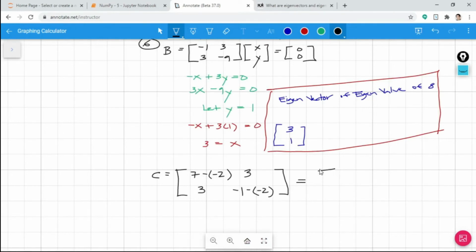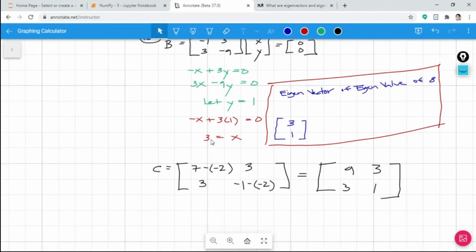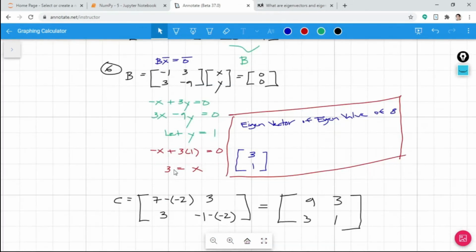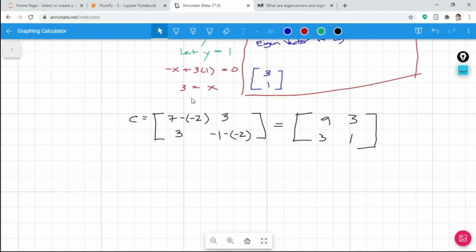Okay, so we got now 9. So this one is 3. So this one is 3. Then negative 1 plus 2 is 1. Okay, so we will use this one again for the eigenvalue of negative 2. Okay, so we're solving for negative 2 right here because we have two eigenvalues, so we got 8 and negative 2.